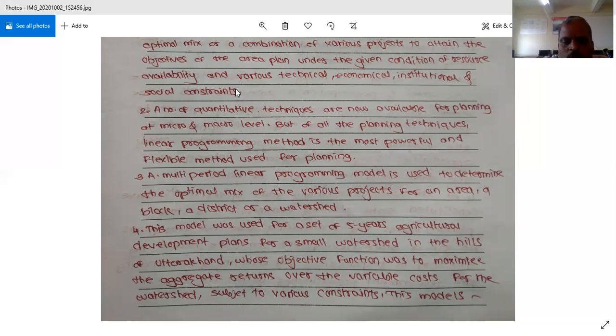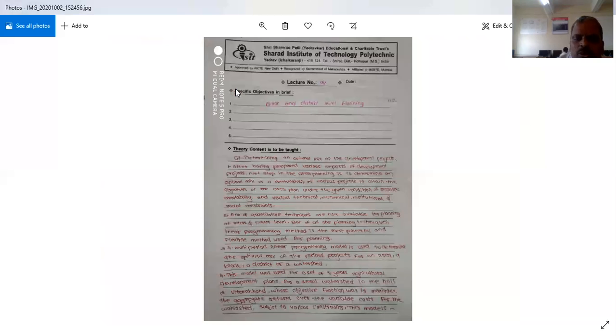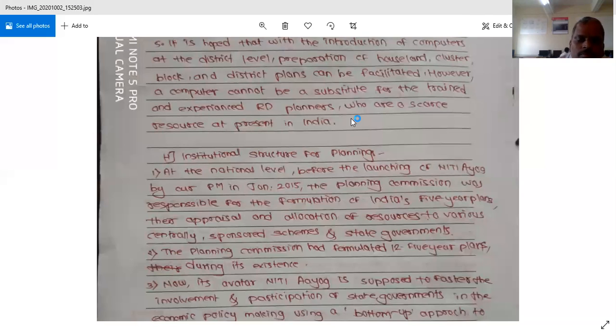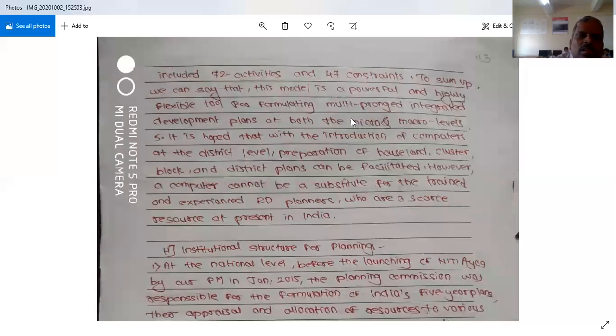In that, the small watershed in the hill areas of Uttarakhand was implemented, whose objective function was to maximize the aggregate returns over the variable cost for the watershed, subject to various constraints. This model included 72 activities and 47 constraints.